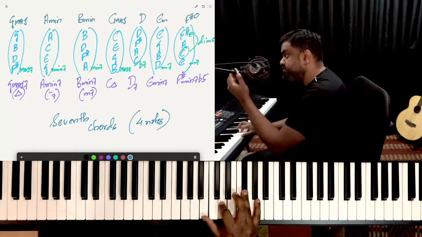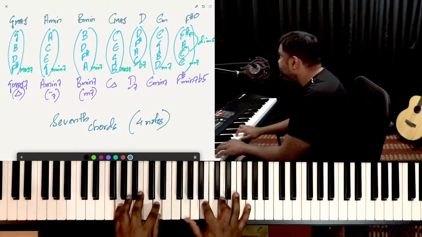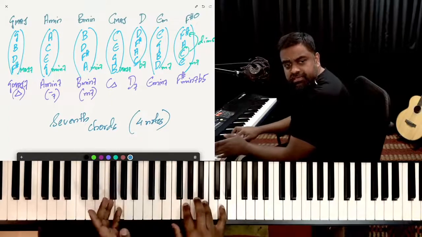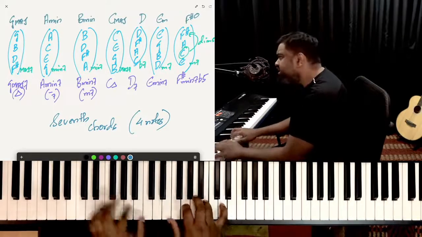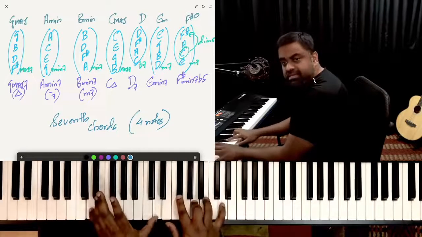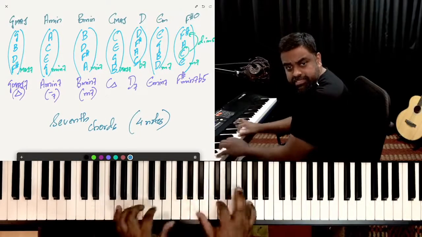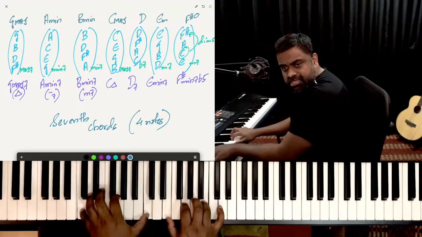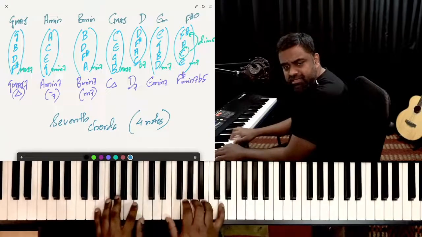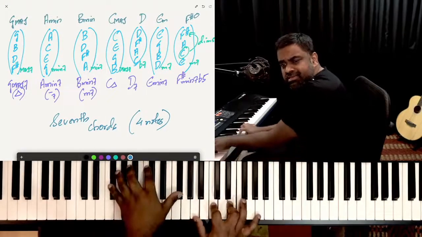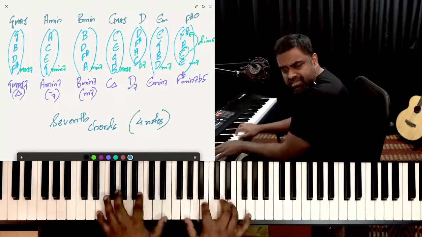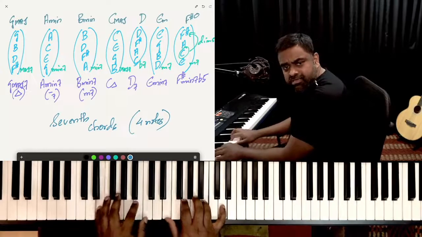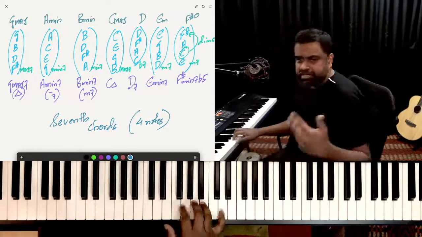So if I take a simple melody with triads, and if I color this with the 7th, kind of colors it more.